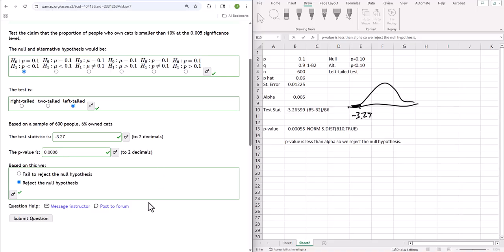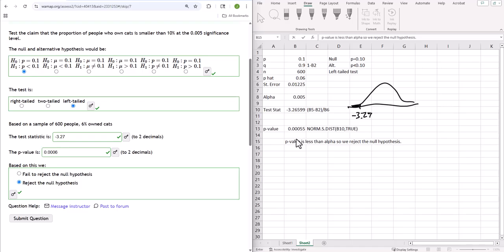So this is one question, kind of ran through with all the parts. Again, we have our null hypothesis, then our alternate hypothesis. We have a picture of our distribution. I like to do that after I know the test statistic so I can see what's there. From the picture, we can see where our p-value is. We use our test statistic and function here to find our p-value.